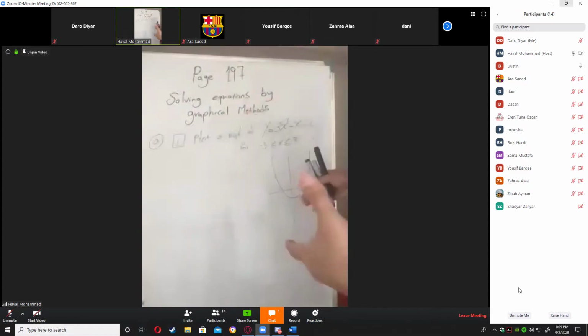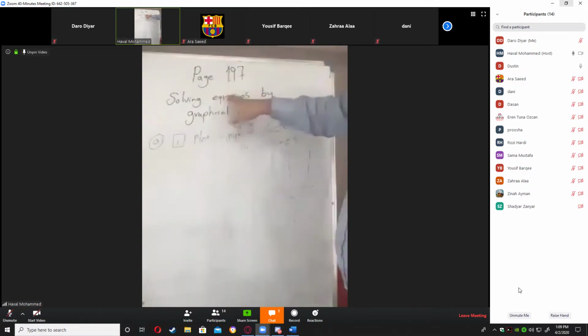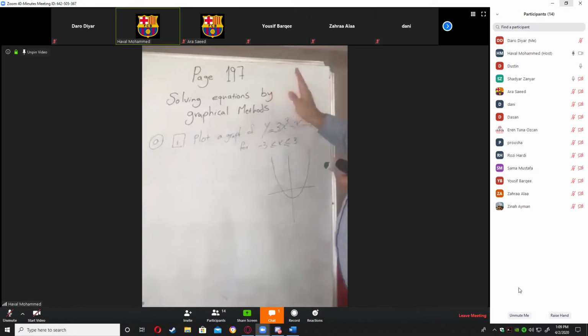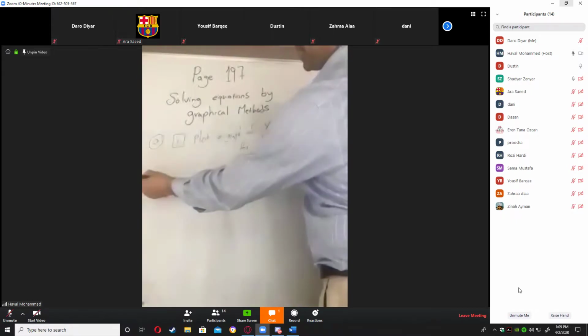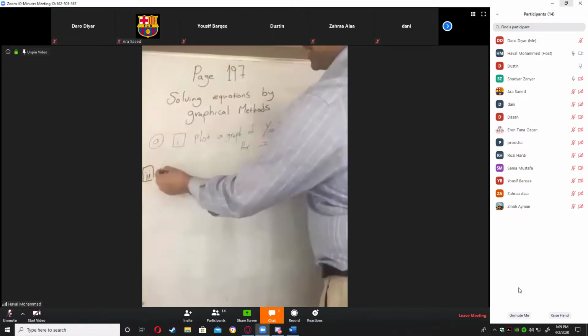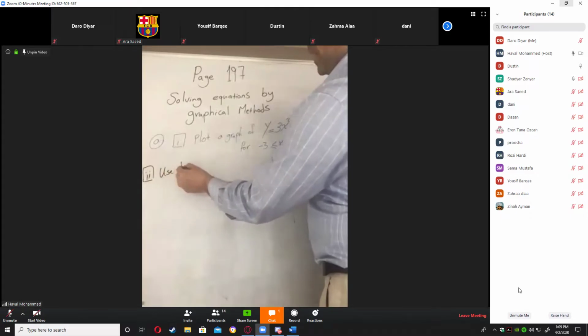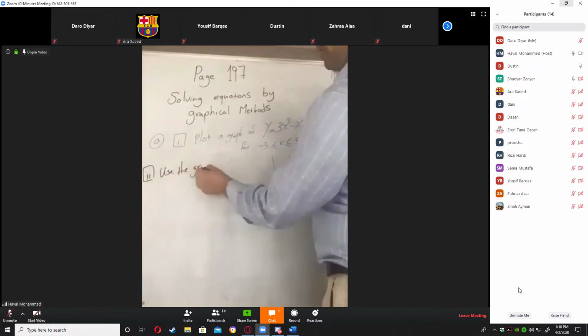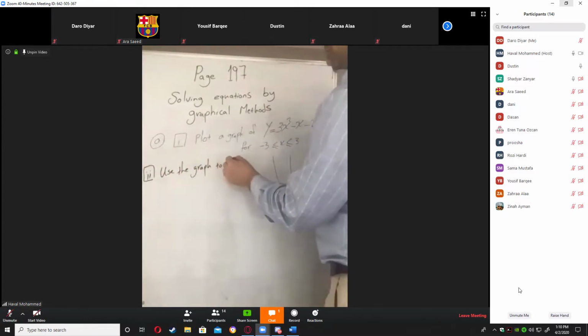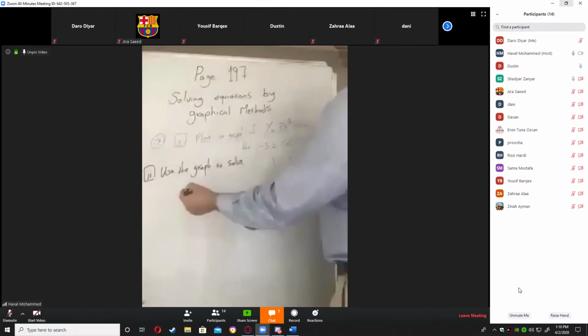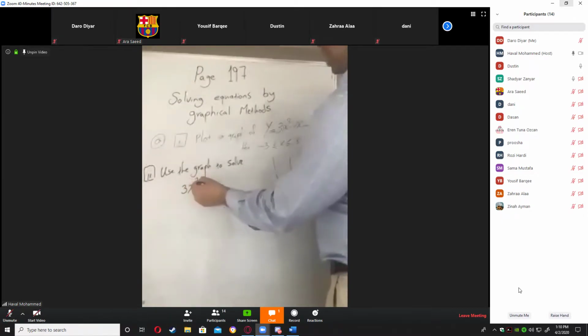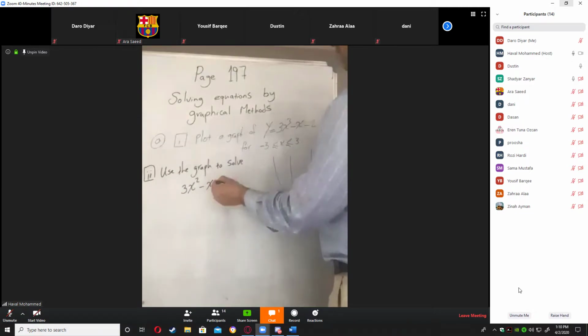Now this is I. We need I to do our job, which is solving equation by graphical method. Now for double I, we then use the graph to solve the equation. Use the graph to solve 3x squared minus x minus 2.